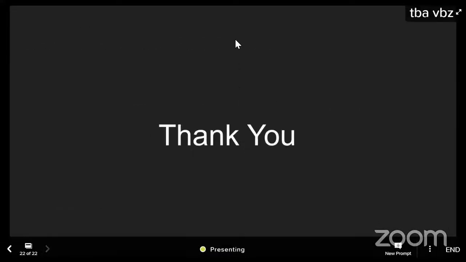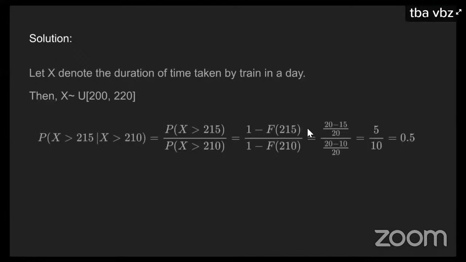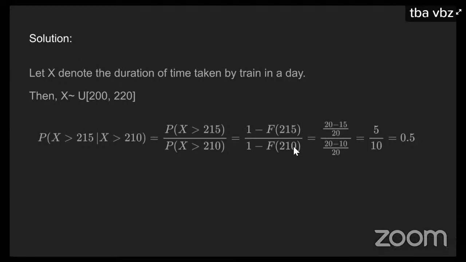Sir, the last question, I tried with some other method, I don't know whether it is right or wrong, but somehow the answer matched. I did 10 by 20 for 210, which is 0.5, and 5 by 20, which is 0.25, and then I added these two and subtracted from 1.